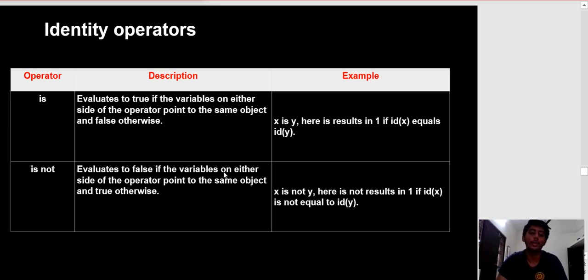It evaluates to false if the variables on either side of the operator point to the same object and true otherwise. X is not Y. Example, X is not Y. Here is not results in 1 if id of X is not equal to id of Y.